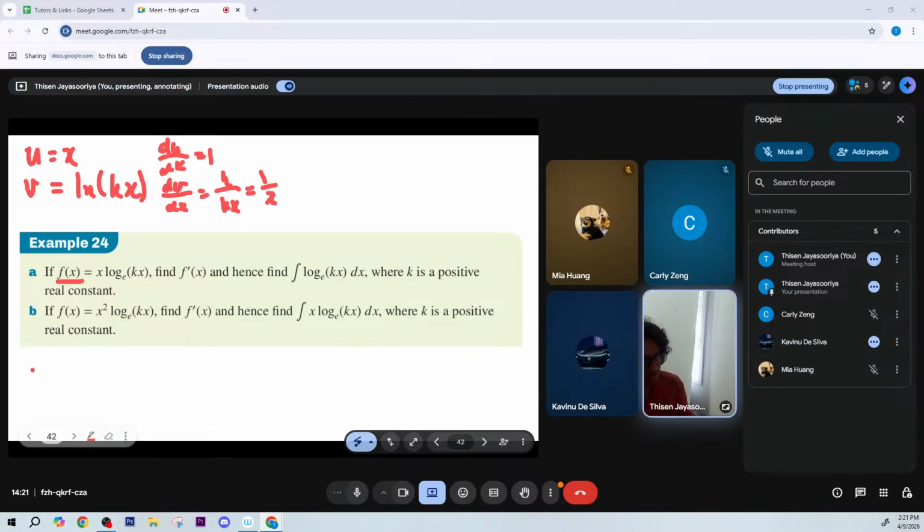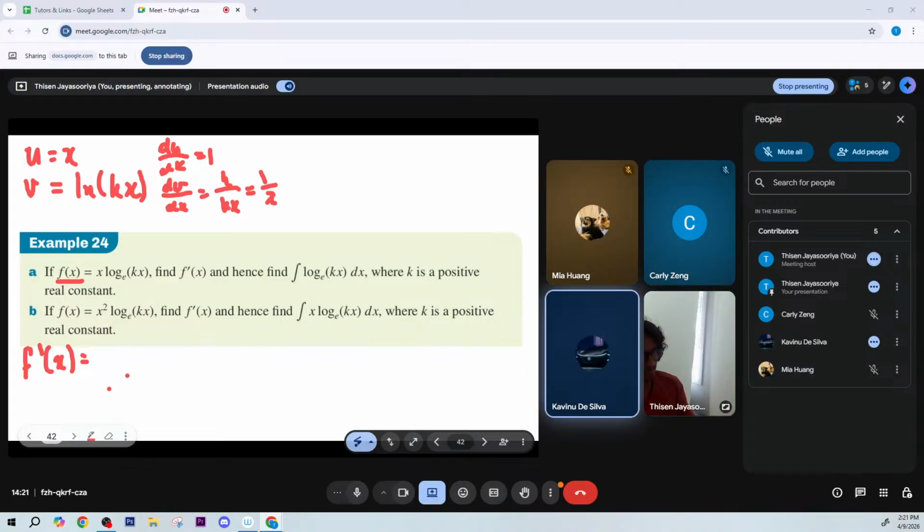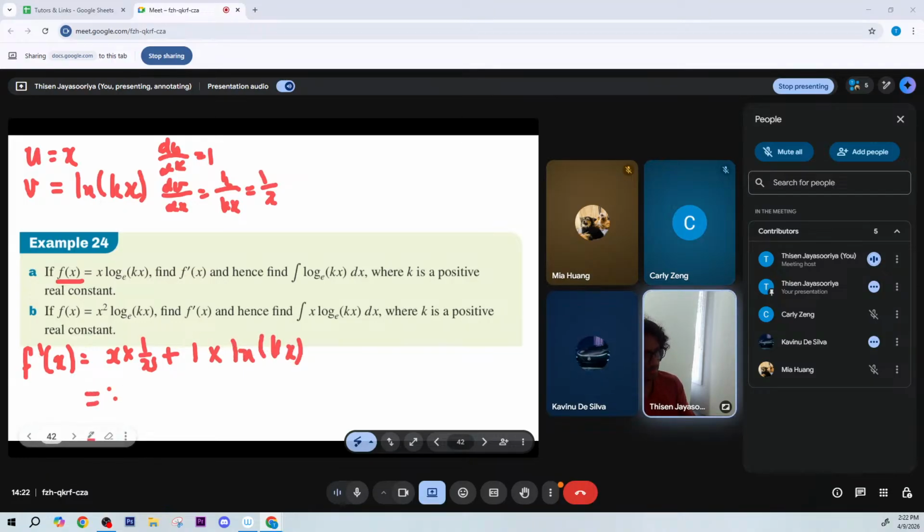Mhm. So then here, what is the full expression of this derivative? Well, x times 1 on x plus 1 times ln of kx. So we're just left with this, and if we simplify, we get 1 plus ln of kx. Yep.